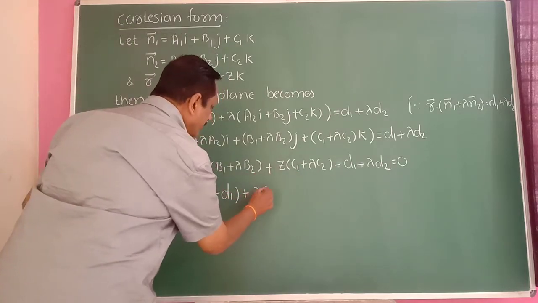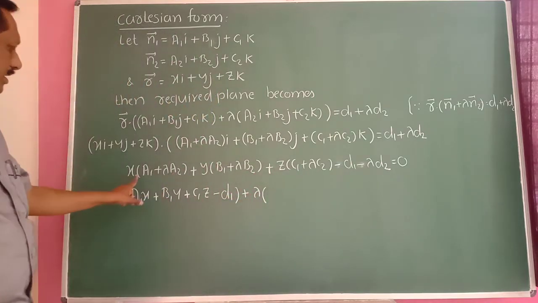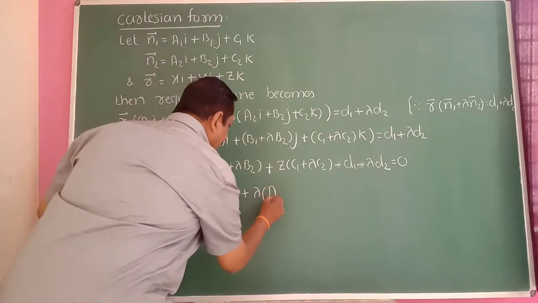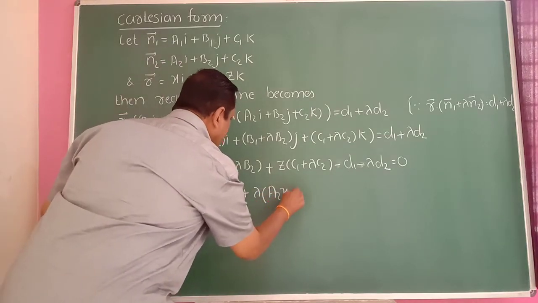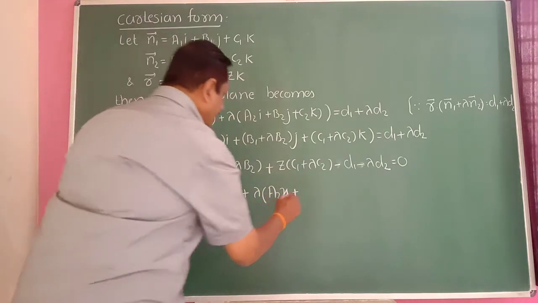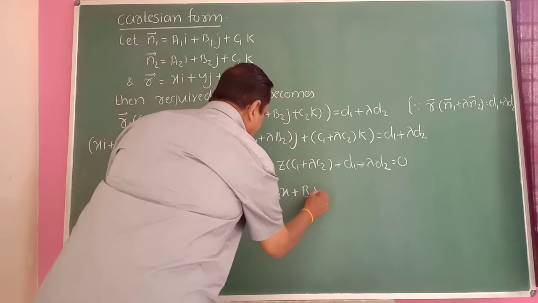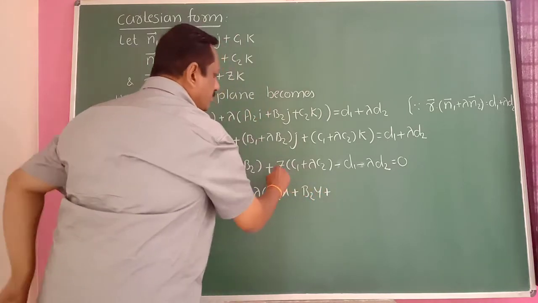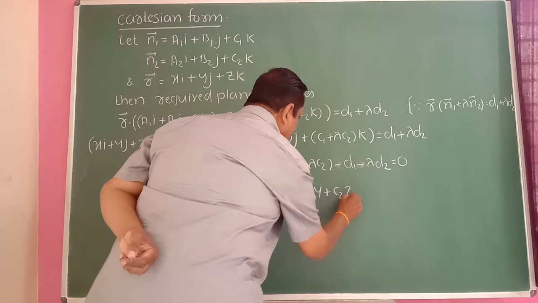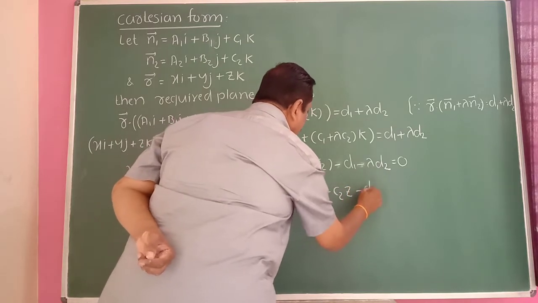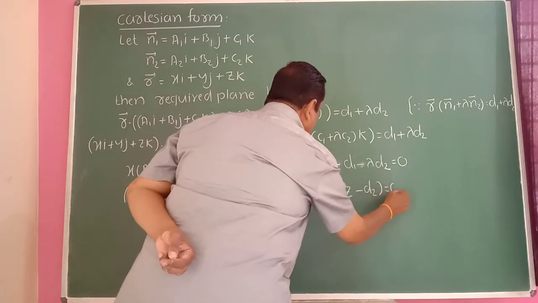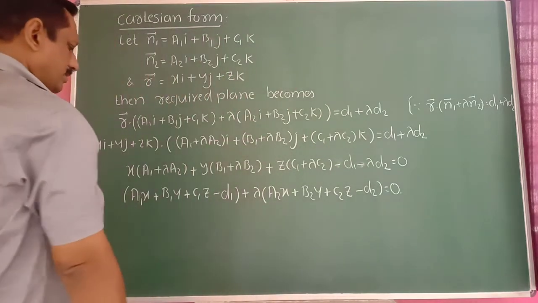Lambda is the common factor here. Then A2x plus B2y plus C2z minus D2 is equal to 0.